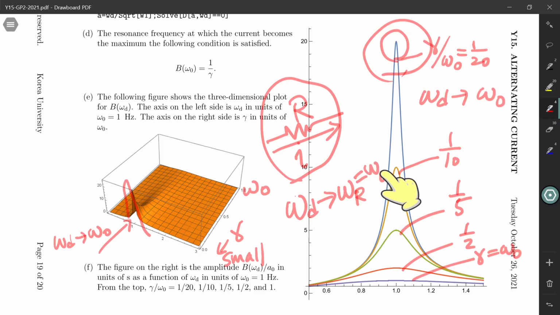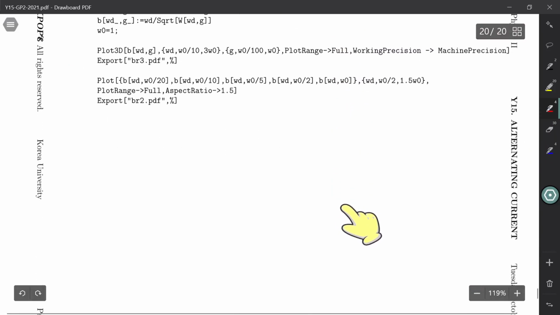Okay, that is resonance. Okay, that's it for today.